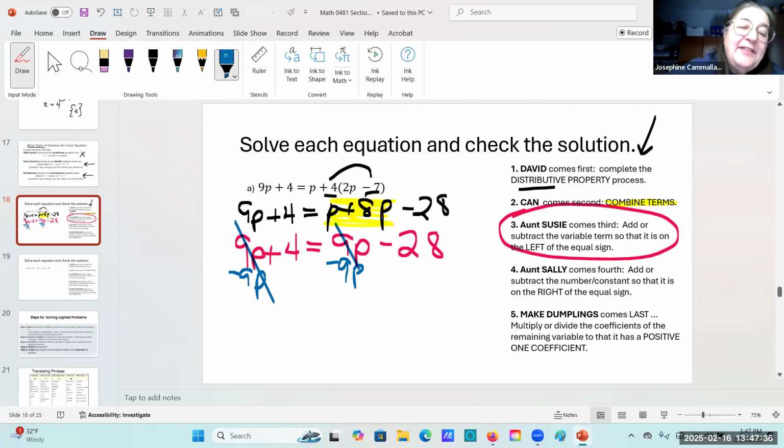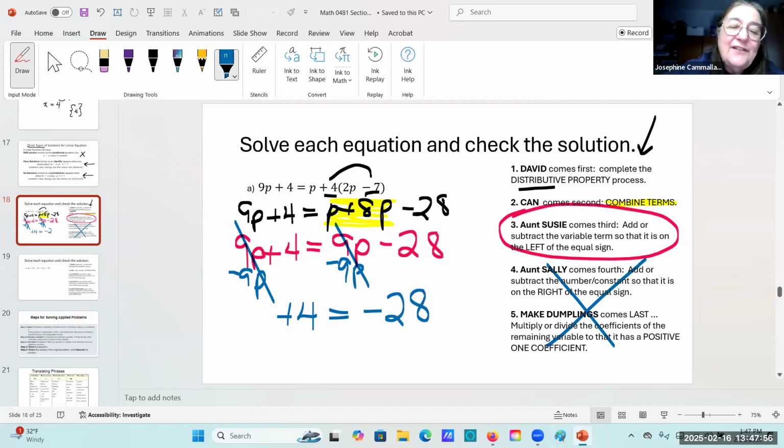This p and this p are canceling. I don't have anything here. Look at what we have. You have a positive 4 is equal to a negative 28.